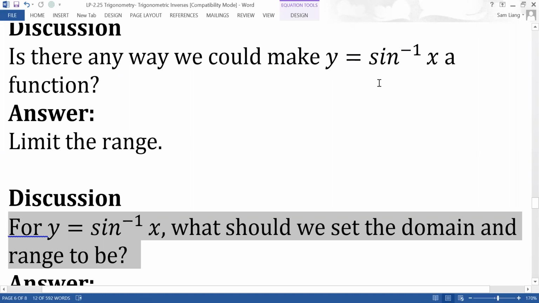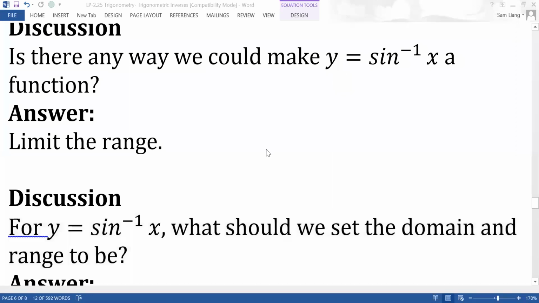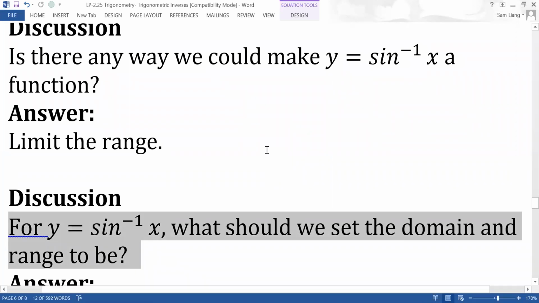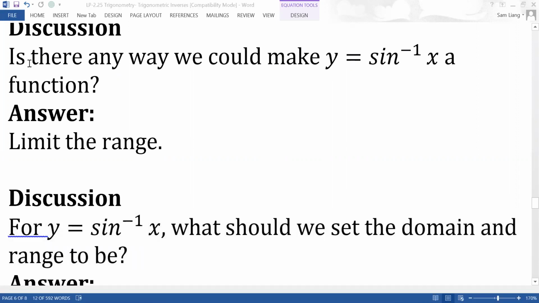Jocelyn? Wait, I have a question. Why is it -1 to 1? Afrin, you want to explain? Yeah, so when we put the inputs for the x values for the sine function, the period is usually 0 to 2 pi, and when you graph it with the values 0, pi over 2, pi, 3 pi over 2, and 2 pi, the only values you can get are 0, 1, 0, -1, 0, and then 1 again.